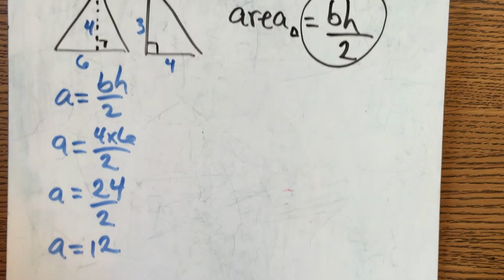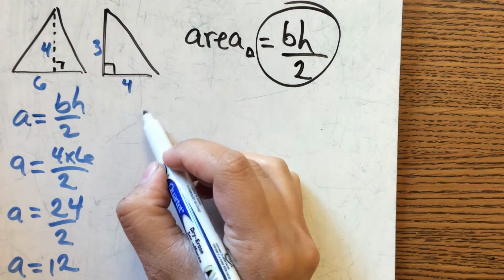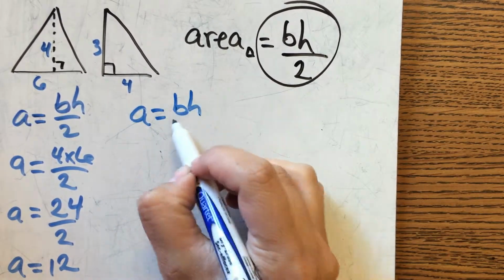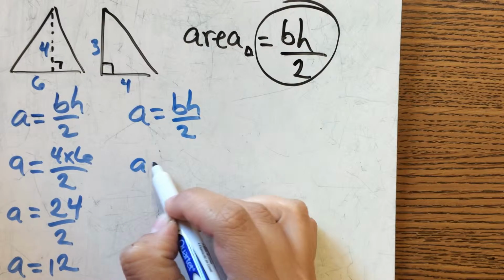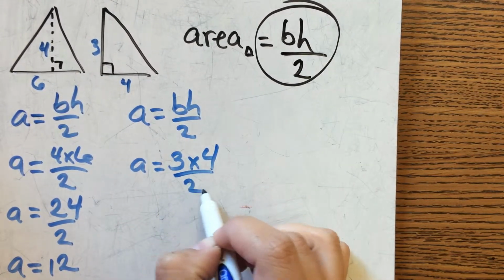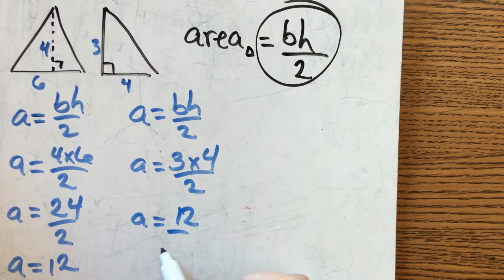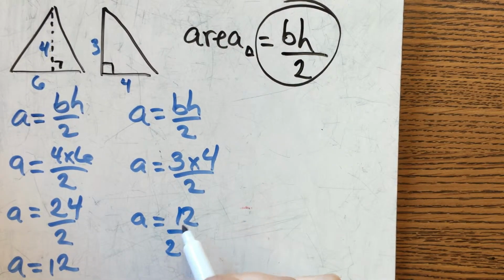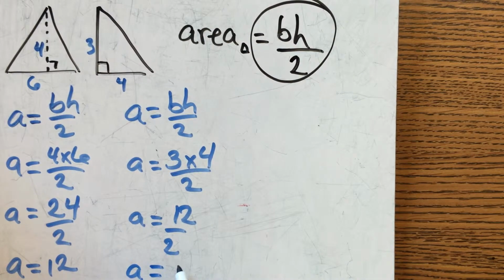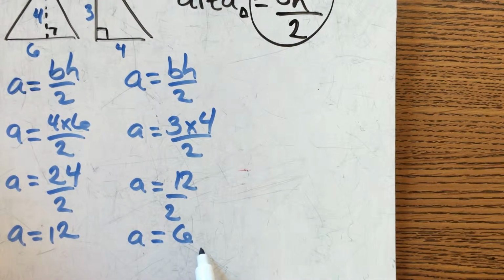The area was 12. Let's do this one. Area is base times height divided by 2. In this case, 3 times 4 divided by 2. 12 divided by 2, because 3 times 4 is 12. And the answer was 6, right? But not just 12 and not just 6.